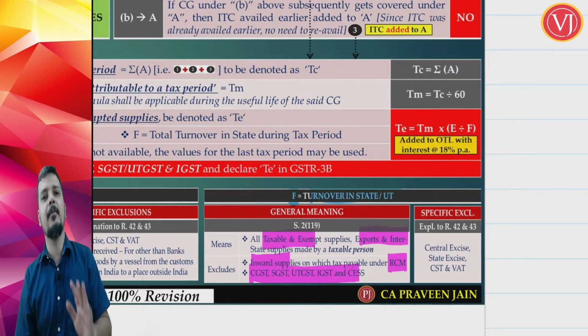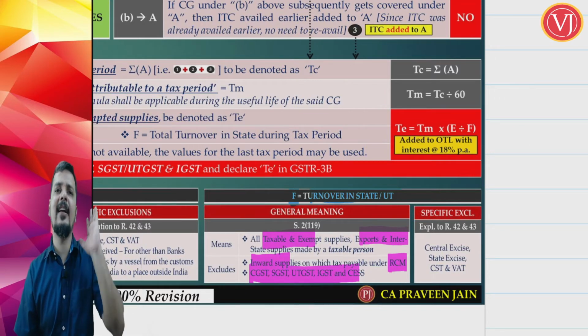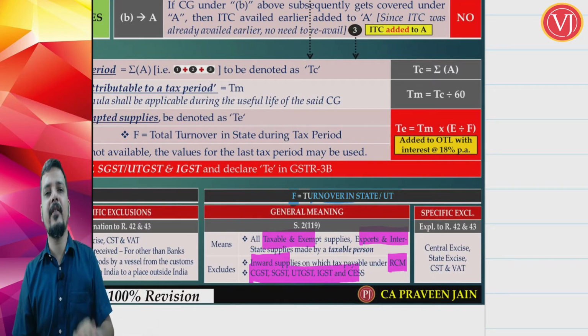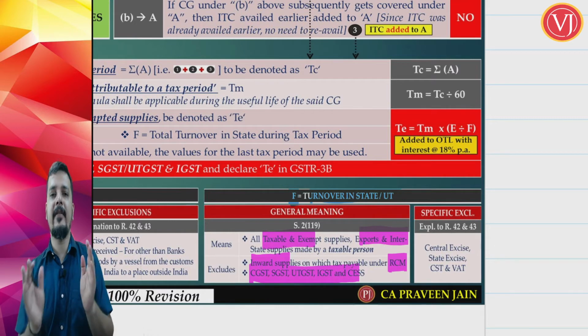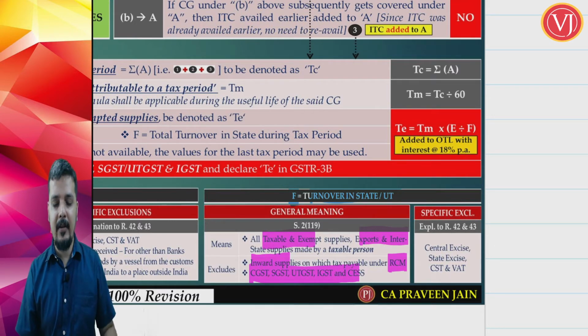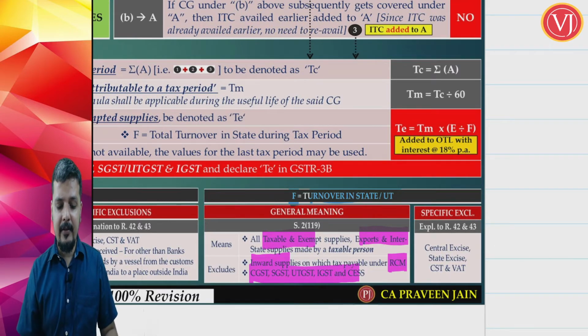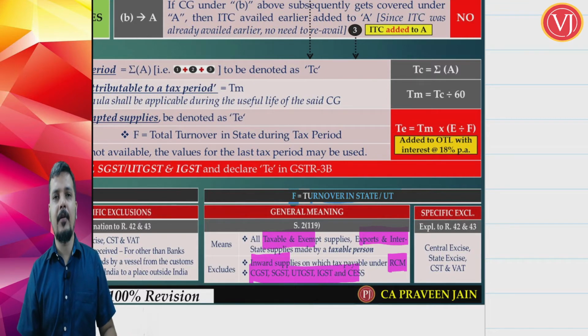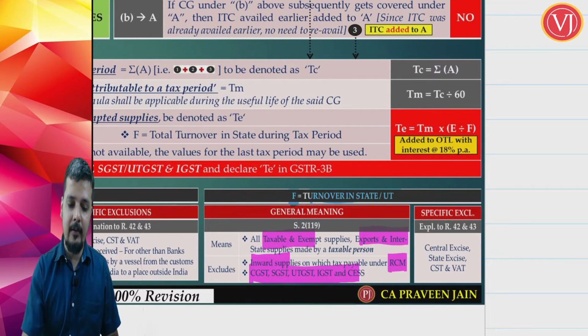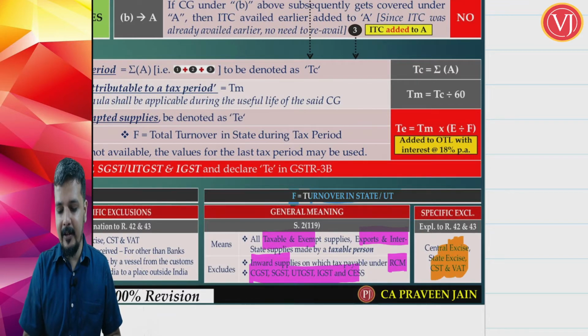This is very similar to your aggregate turnover, exactly equal to aggregate turnover. The only difference is there is no pan India concept here, it is state wise. But small difference here. Here this turnover in state and union territory for the purpose of rule 42 and 43 will also exclude your excise, VAT and CST. So specific exclusion which is only in relation to 42-43.